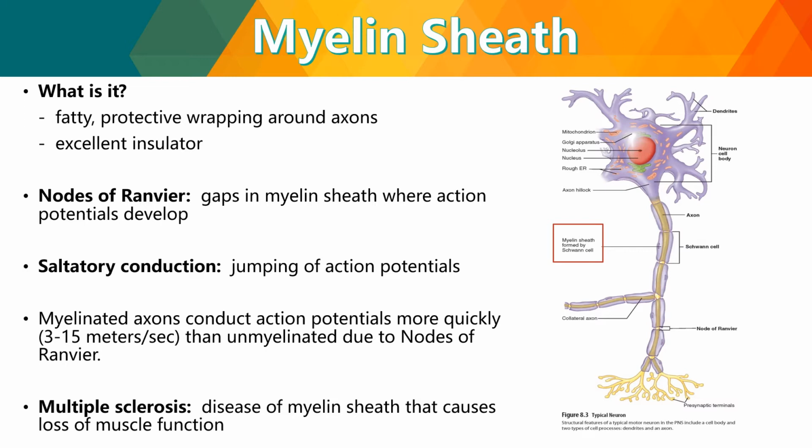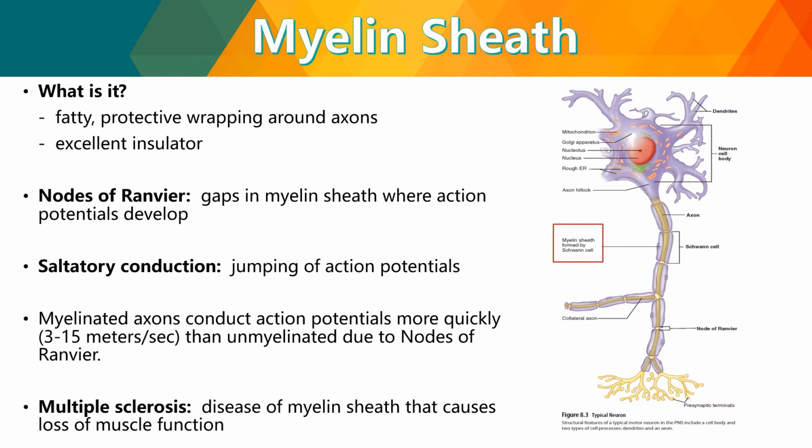Myelin is an excellent insulator that prevents almost all ion movement across the cell membrane, and the gaps that you see in the myelin sheath are what you call the nodes of Ranvier. These occur about every millimeter, where ion movement can occur.